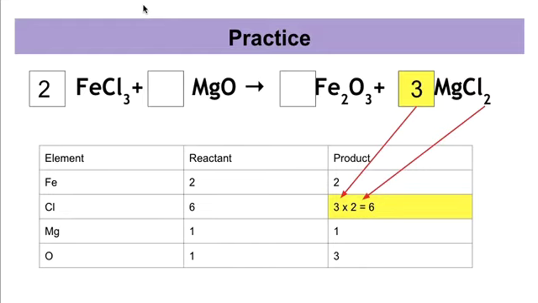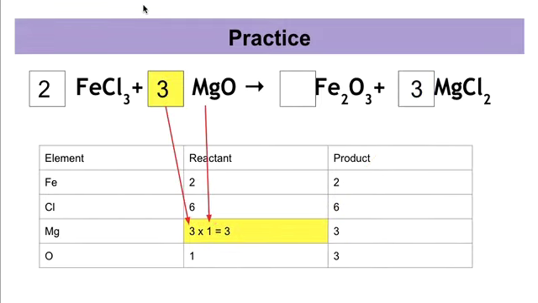At the same time, however, I'm changing the magnesium because the molecule has magnesium and chlorine that I played with. So 3 times 1 tells me I now have 3 magnesium. Magnesium, which was in balance before, now is not, but I have balanced chlorine.